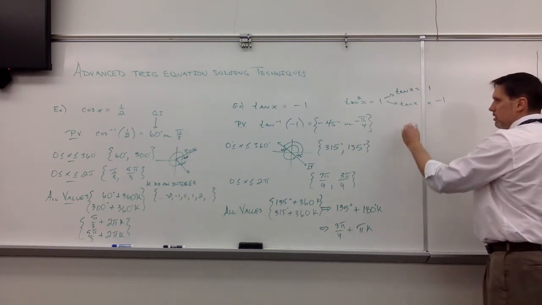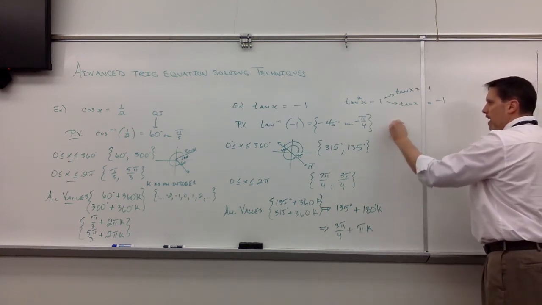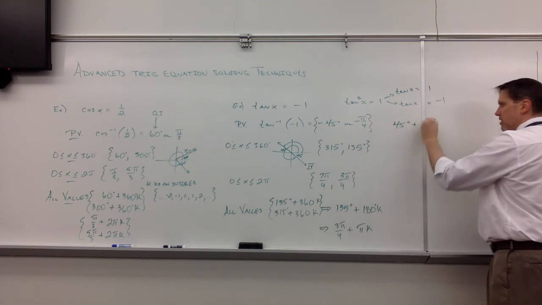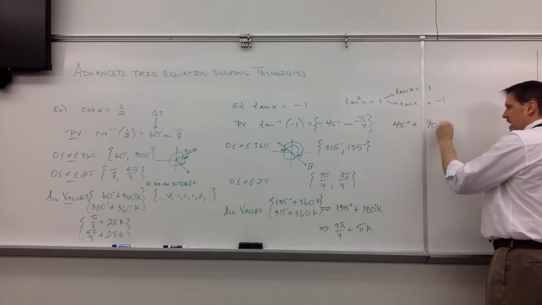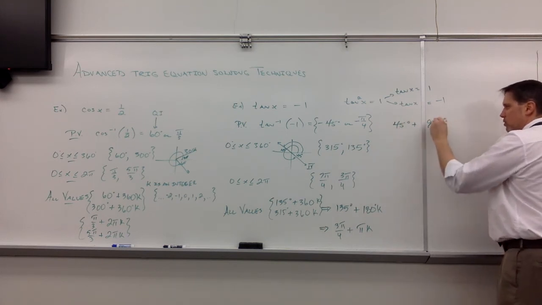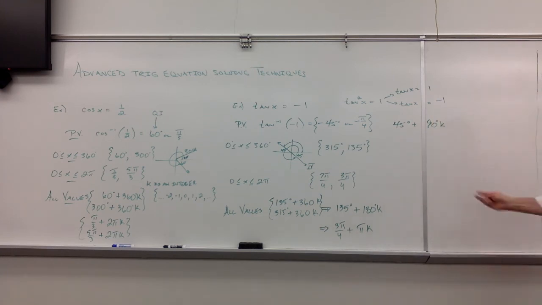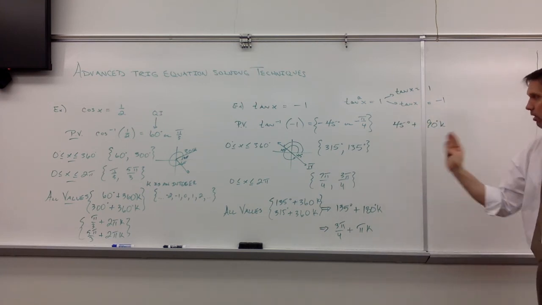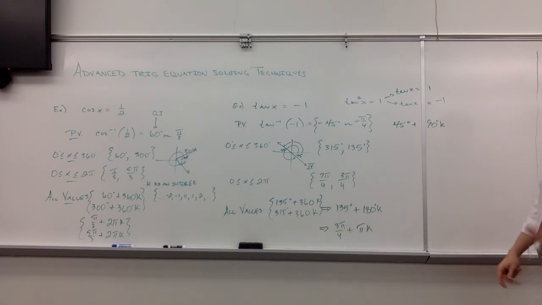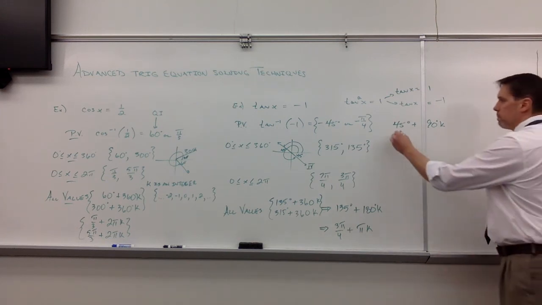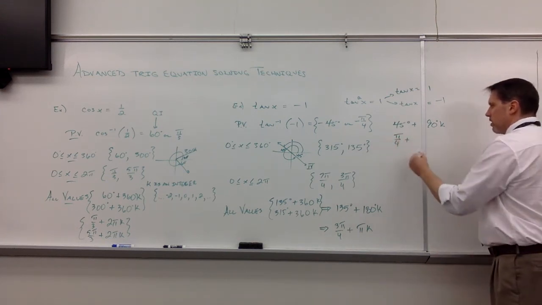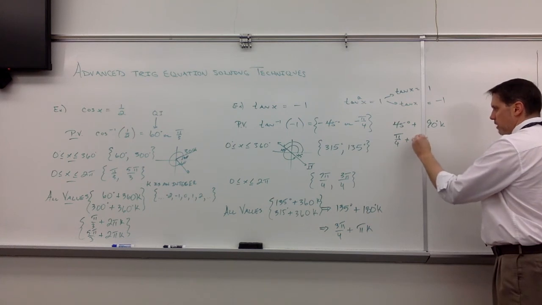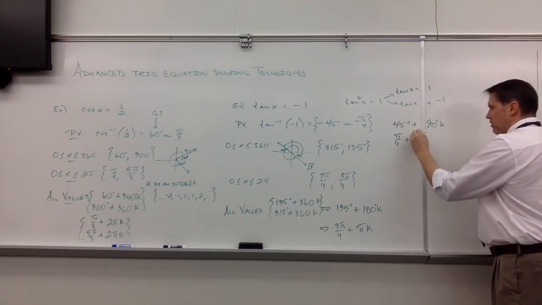So solutions to this one would be 45 plus 90k. You would have a solution in every quadrant, and it would be 90 degrees apart. Each solution would be 90 degrees from the previous solution, or pi fourths plus pi halves k.